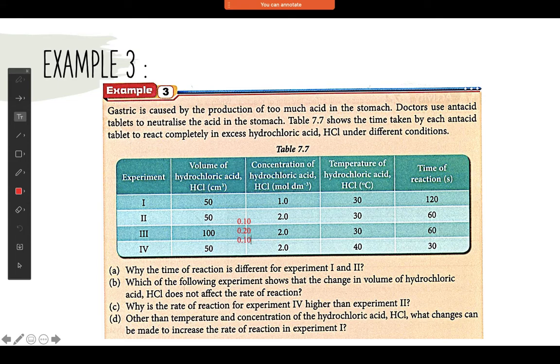Okay, kalau number of mole yang eksperimen number 4 sama dengan number of mole eksperimen number 1 ini, which is 0.10 juga. And then eksperimen untuk set 1 ini 0.005.